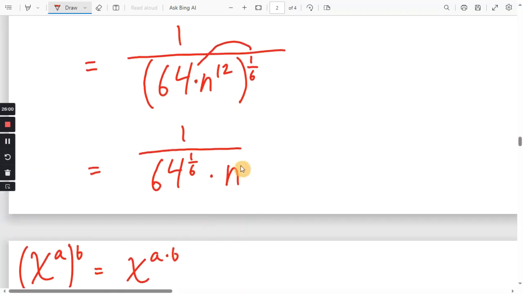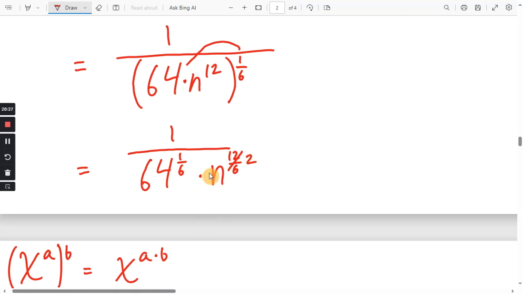So this n is going to be the same as n to the power of 12 times 1/6. 12 times 1/6 is going to be 12 over 6, but we know 12 over 6 is just 2. So that's going to be n squared, and this is 64 to the 1/6.